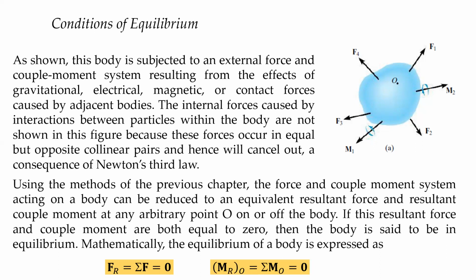The internal forces caused by the interactions between particles within the body are not shown in the figure because these forces occur in equal but opposite collinear pairs and hence will cancel out, a consequence of Newton's third law.